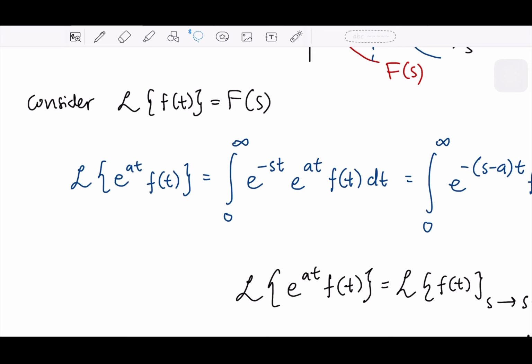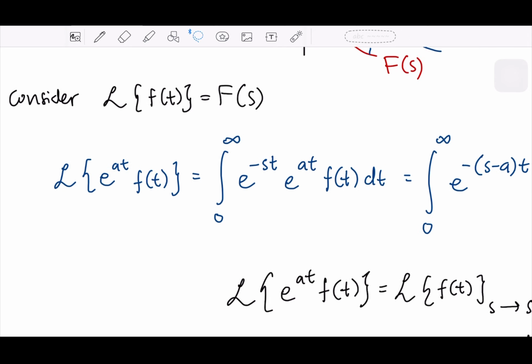The Laplace transform itself is an integration of an exponential, so it makes sense that if we multiply by an exponential, we shift the graph.